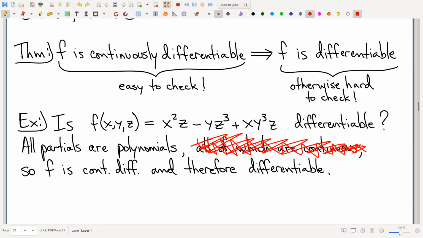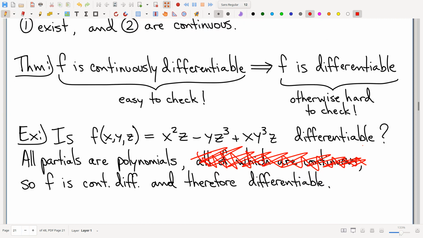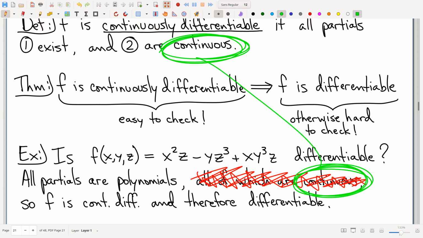If you look back up at the definition of continuously differentiable, it doesn't say anything about how that relates to partials being polynomials. It doesn't say the partials have to be polynomials. It says the partials have to be other things. So the fact that the partials are polynomials skips over the huge point that we need specifically this continuity to make the connection to continuous differentiability. The continuity there is really important.